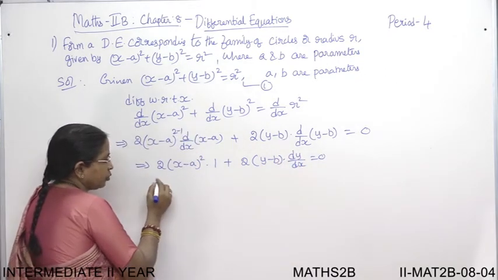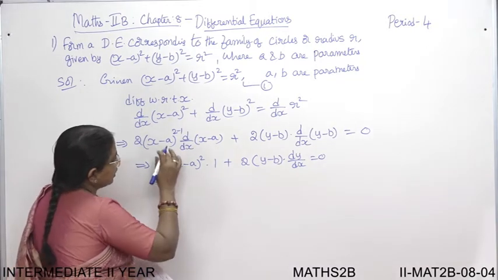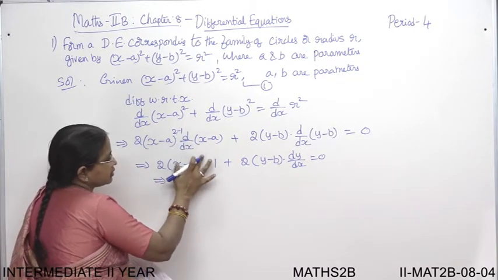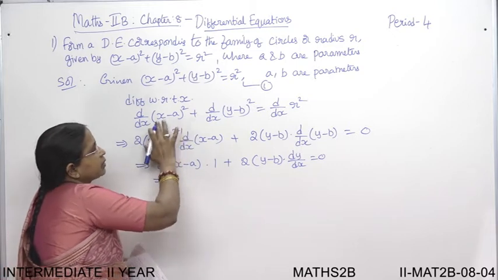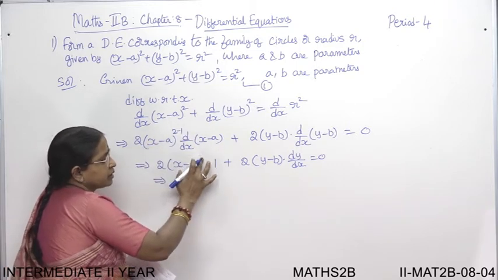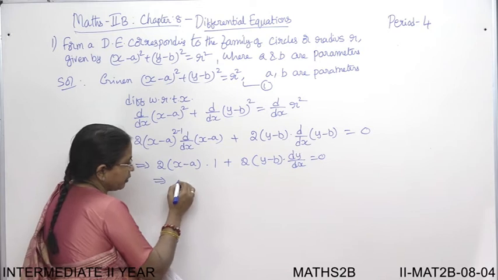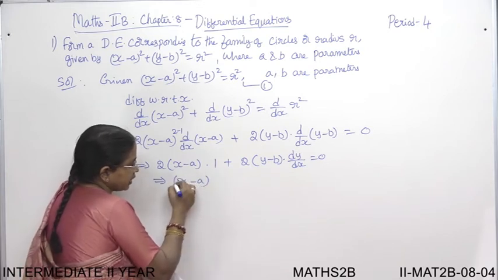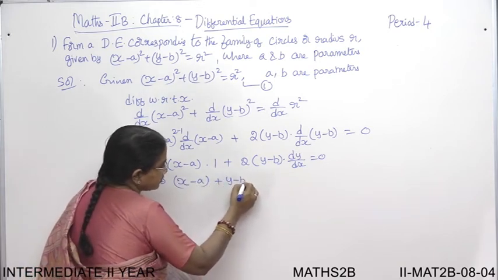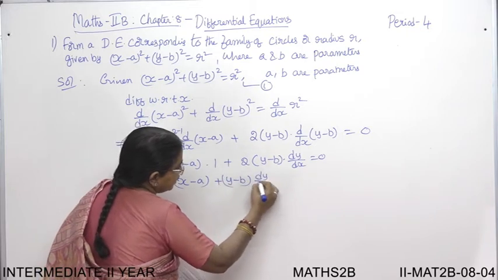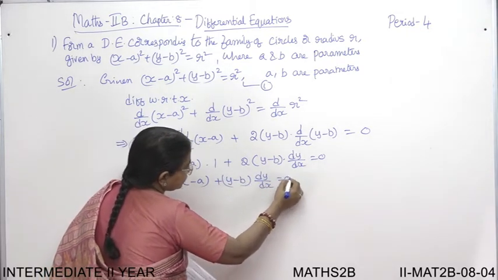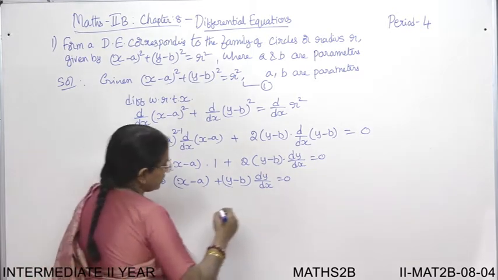Now you can take 2 common and cancel. So x minus a plus (y minus b) into dy by dx is equal to 0. So this is the second equation.